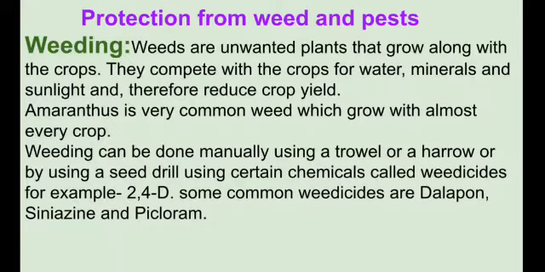If the plants are healthy, they will give us a good yield, so the farmer can do it manually as well as by spraying chemicals. So understood? Okay, now let us move to the next.